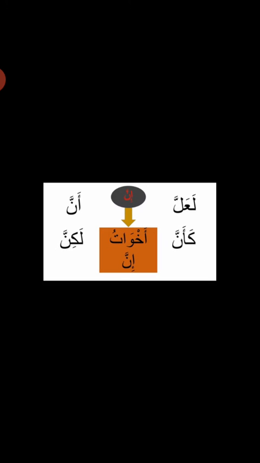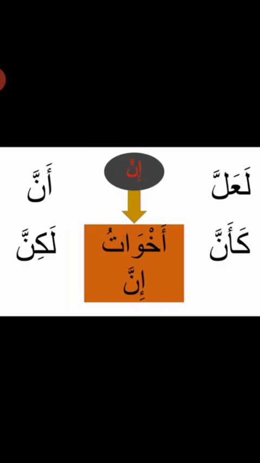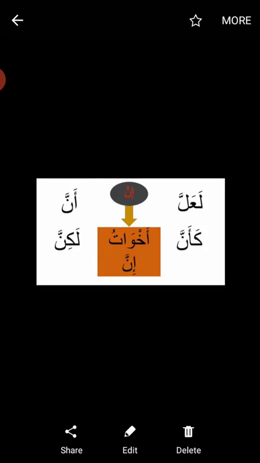These act the same way like inna. We'll learn more about the different ways in which inna changes, like inni, inna, and all those things. We'll study that later, inshallah, or we'll study it in the Arabic classes.